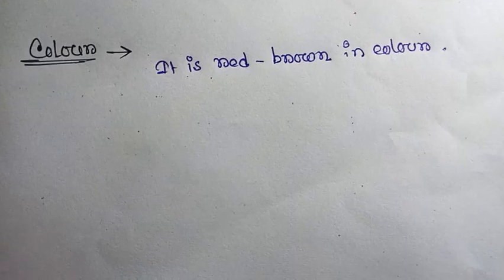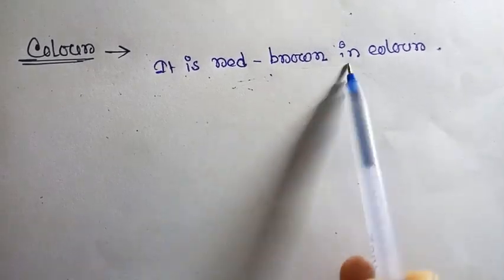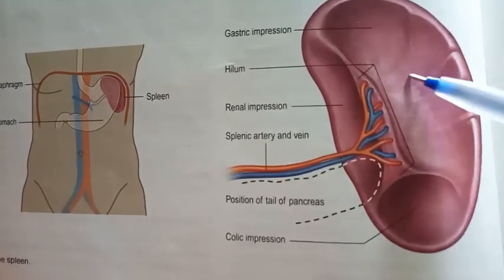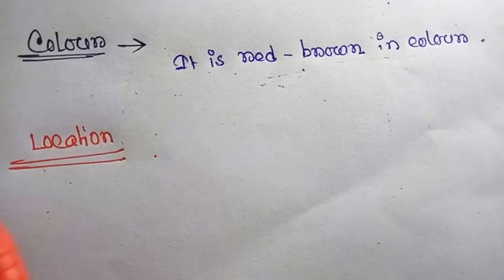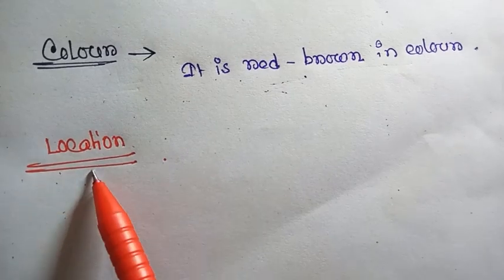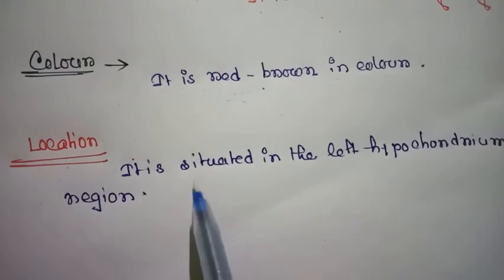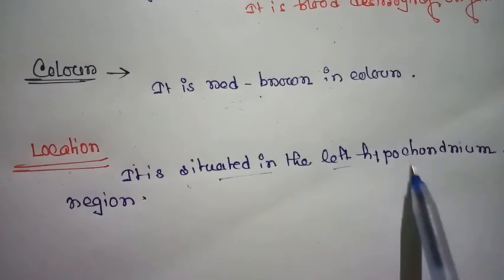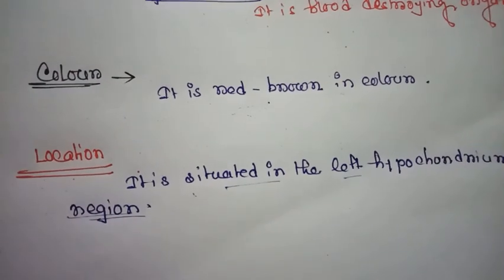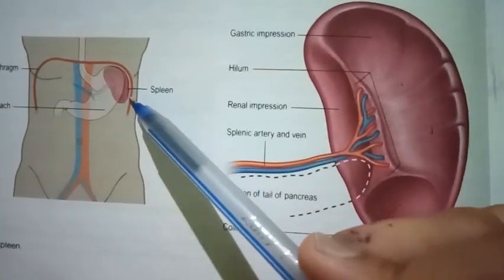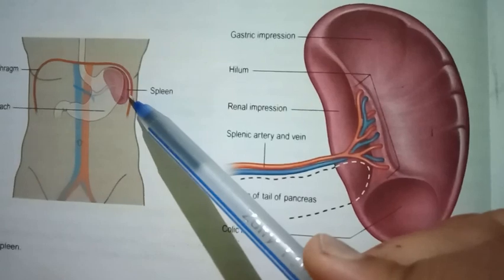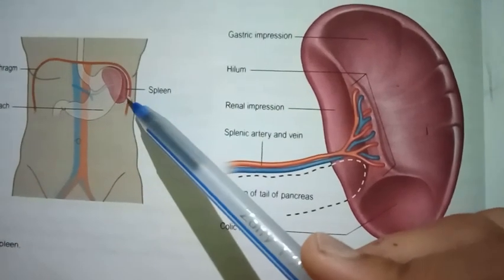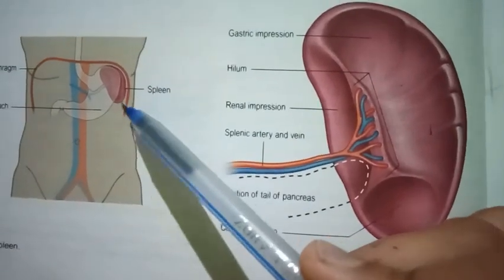Next, color. The spleen is red-brown in color. Next, I discuss the location of the spleen. It is situated in the left hypochondrial region. This is the left side and this is the left hypochondrial region, and in that location the spleen is present.